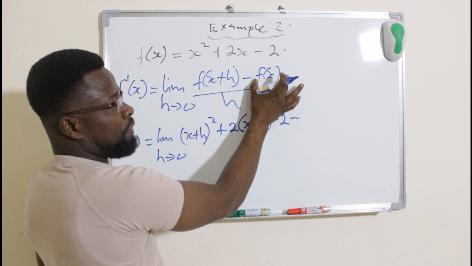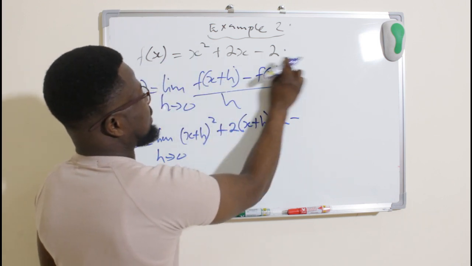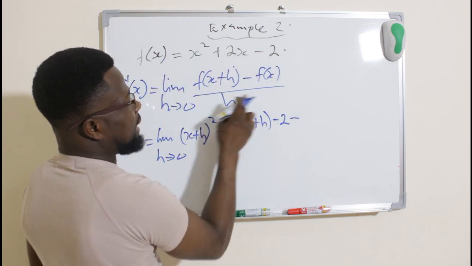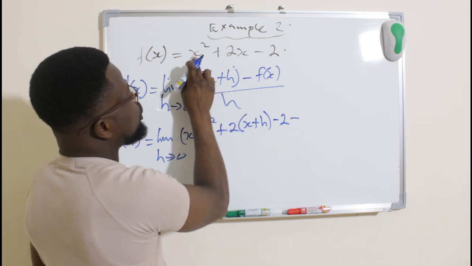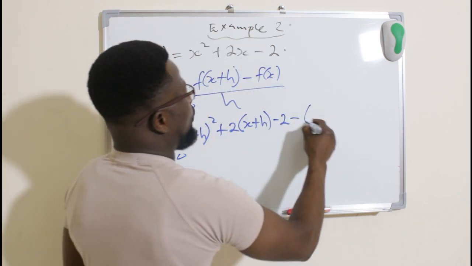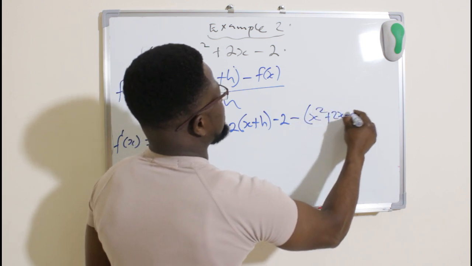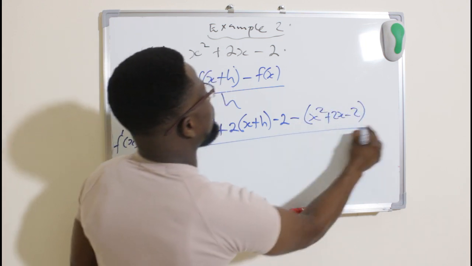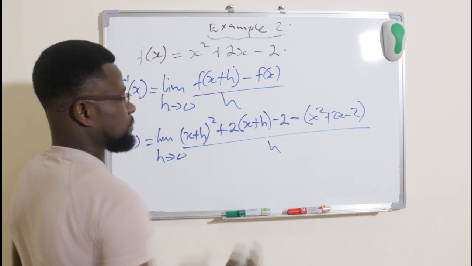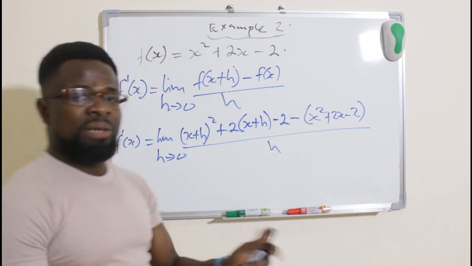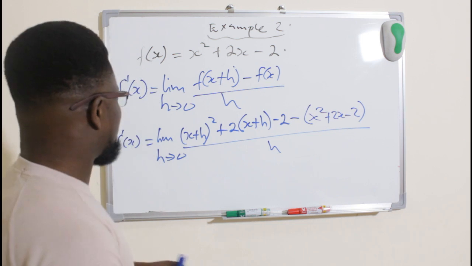There is a function f of x, and the function f of x is this whole thing here. But remember, the negative sign affects each of these. So I need to open the bracket and put there x squared plus 2x minus 2, all over h again. Okay, so we need to simplify this and solve the problem straightforward.